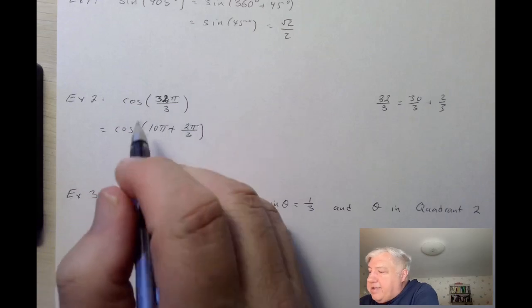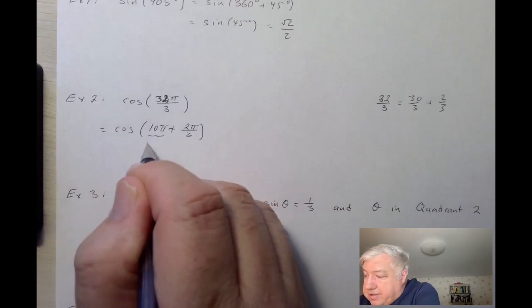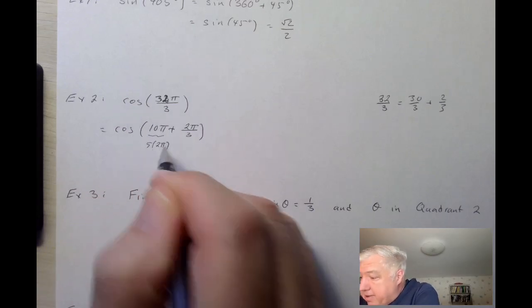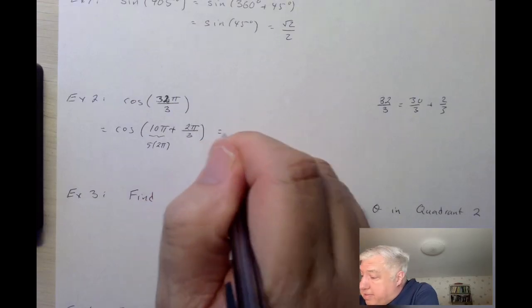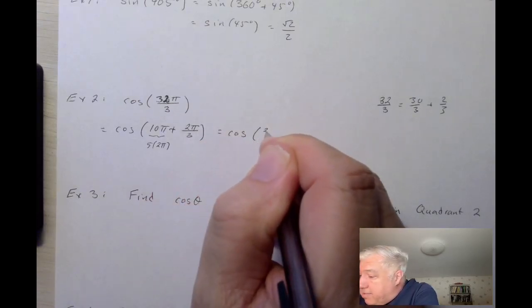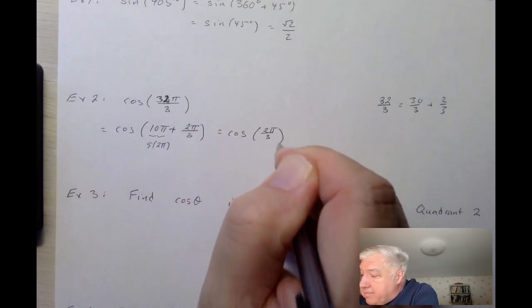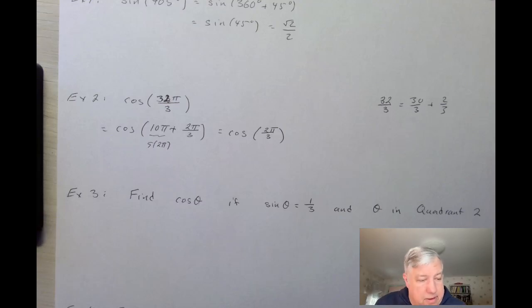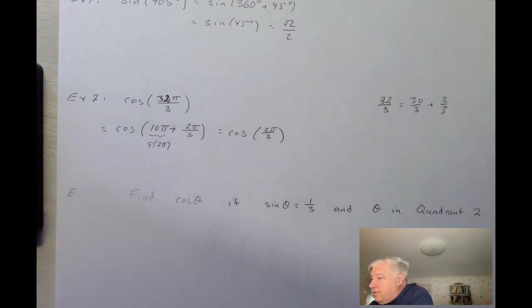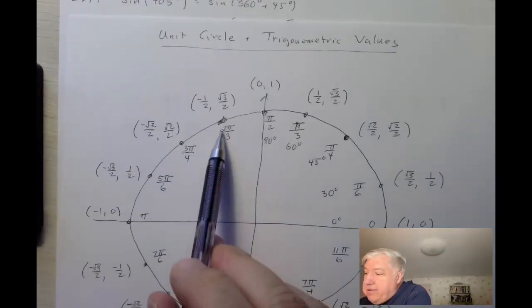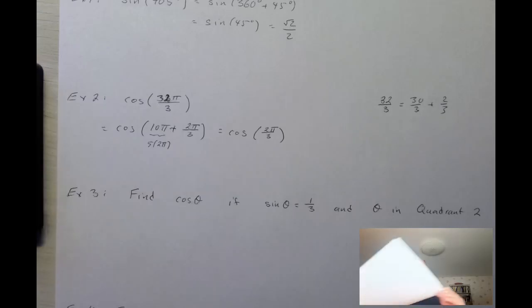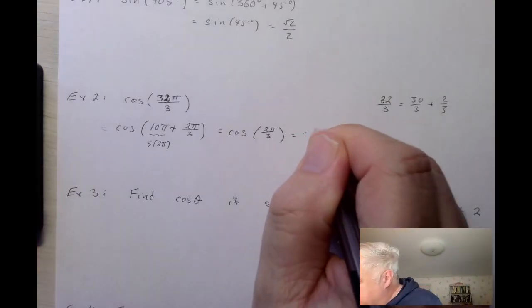And 10 pi is a multiple of 2 pi, right? This is the same thing as 5 times 2 pi. So this is just going to be the cosine of 2 pi over 3. Which, again, if you look at your unit circle, for 2 pi over 3, the x-coordinate is negative 1/2. So this is negative 1/2.